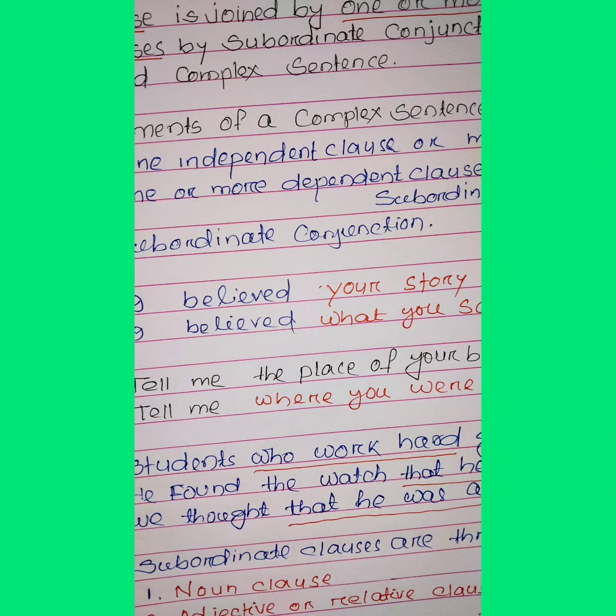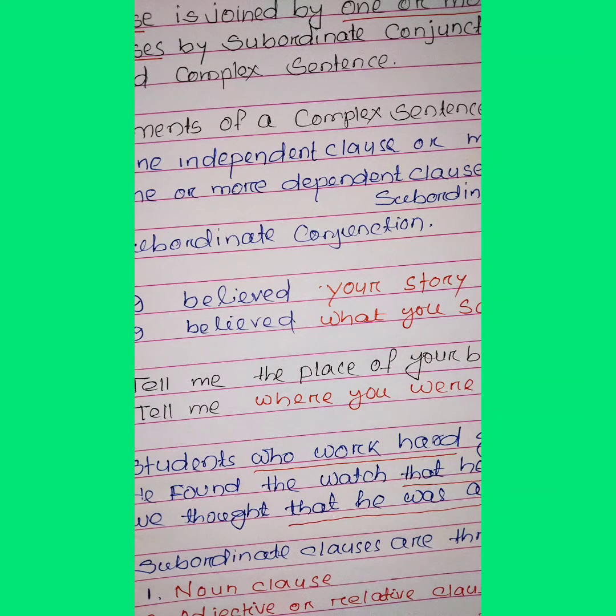He found the watch is the main clause, that he had lost the subordinate clause, and by being joined, it expresses meaning. We thought that he was a doctor. That he was a doctor is subordinate clause. We thought is the main clause here. Okay? So here we have broken a complex sentence into main clause and subordinate clause.